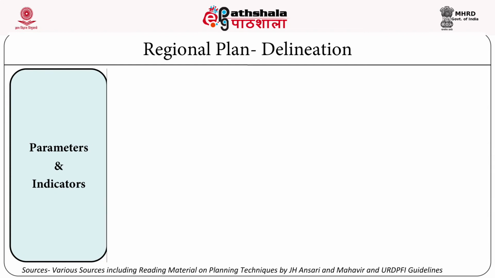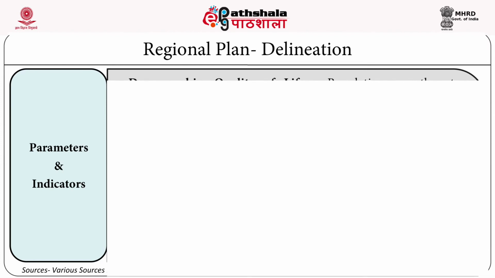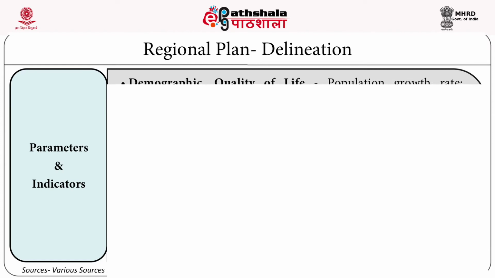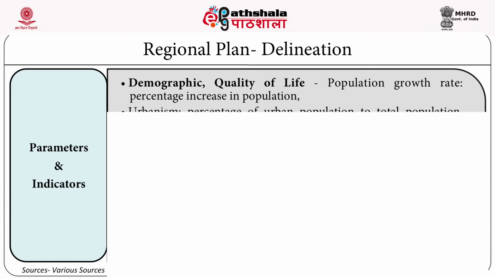Then we come to the demographic and the quality of life. Within the region we need to know about the population growth rate, because there can be many urban settlements of various sizes. There can be class 1 settlements, class 2 settlements, and also rural settlements, many of different hierarchy.